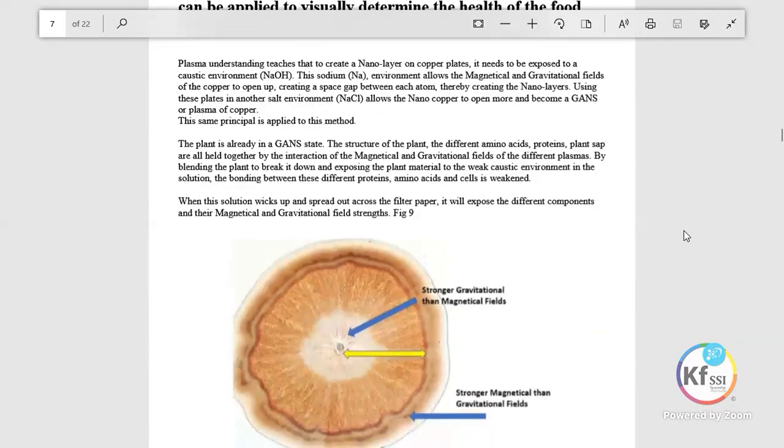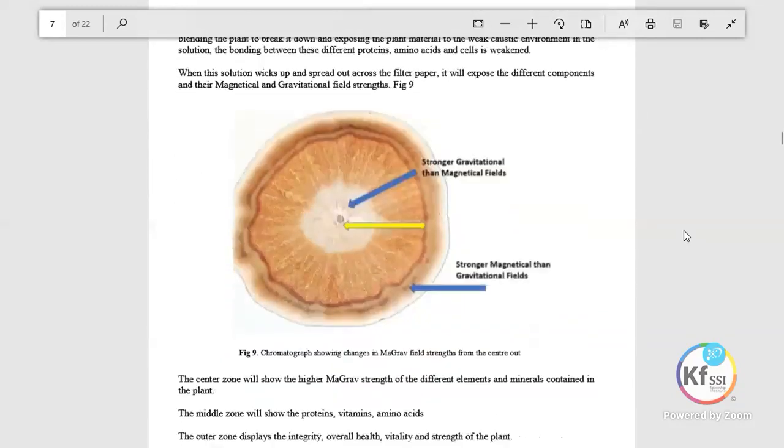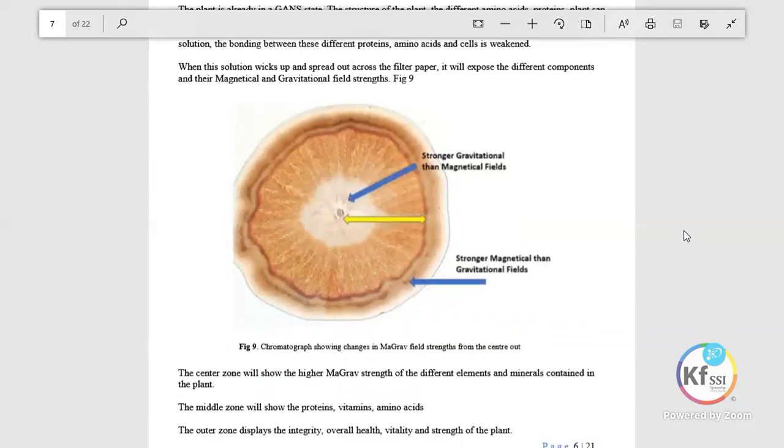So I had to look at these pictures that we created and try and analyze them from the plasma point of view. So when I looked at the first one, what I try and understand is, when we look at the center of our filter paper and the images that it's produced, we essentially have a stronger gravitational, weaker magnetic field in the center.